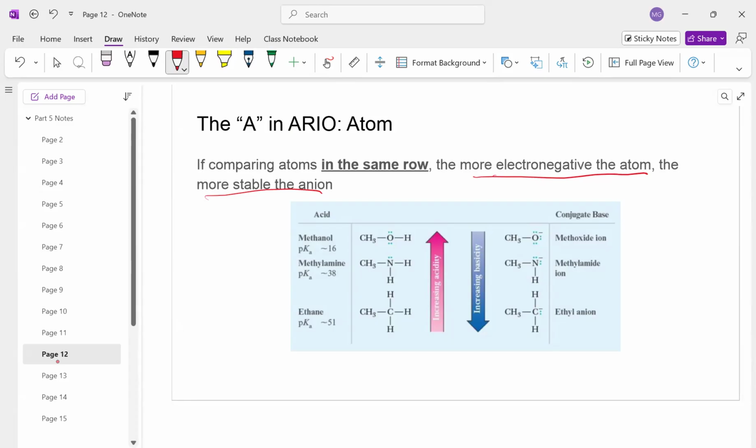So let's look at these three acids here: methanol, methylamine, and ethane. In each case, this is donating one of these protons here. And so we're going to look at how stable is the ion that results. Well, we're just going to compare the atom with the charge. In this case here, that's oxygen. Here, that's nitrogen. And here, that's carbon.